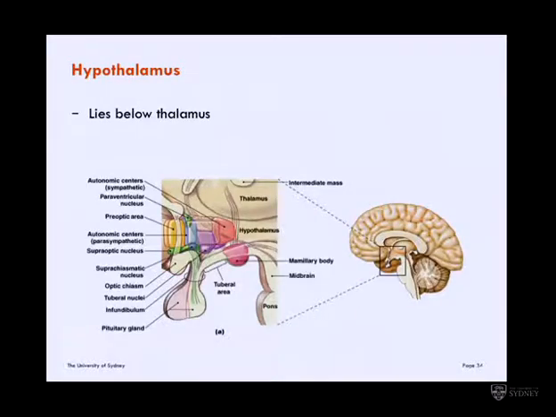Hypothalamus, very important structure. As you can see, numerous nuclei in the hypothalamus, right? From this region of the hypothalamus, you have a structure that hangs out of that, referred to as the pituitary gland. I'm sure you know how important the pituitary gland is.